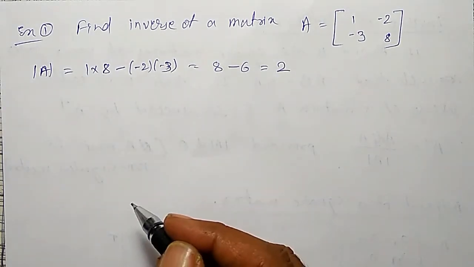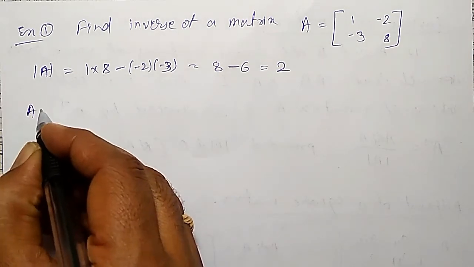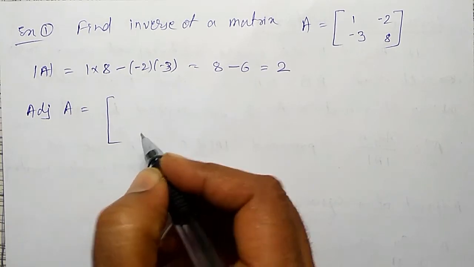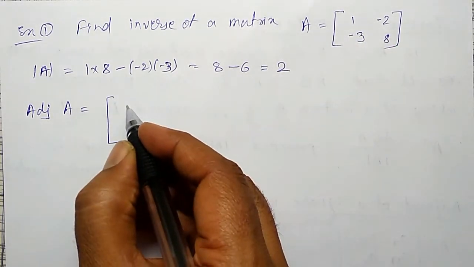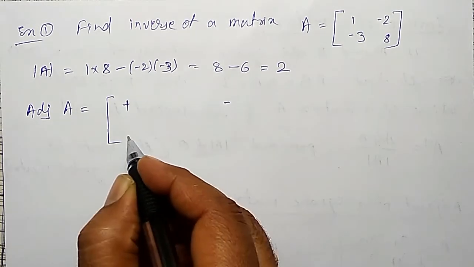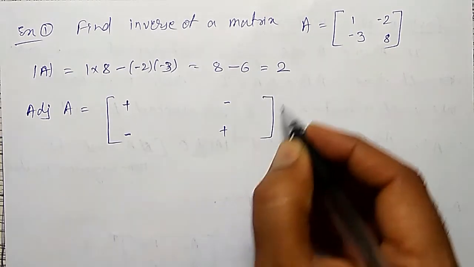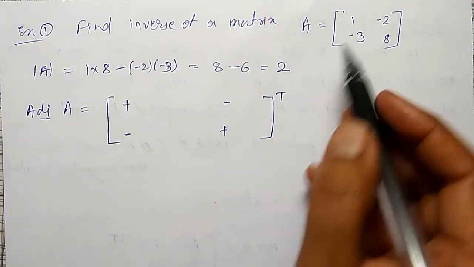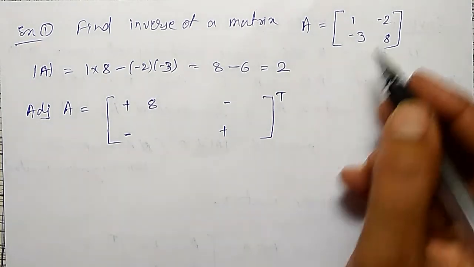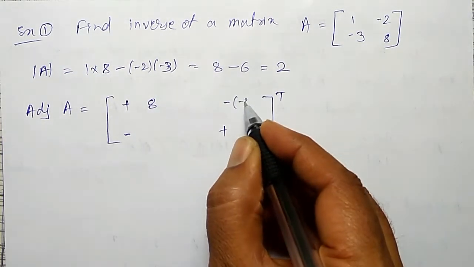Then I have to find the adjoint of the matrix. The adjoint of matrix A is given by the signs plus, minus, minus, plus, and its transpose. The minor of 1, leaving that row and column, is 8. The minor of minus 2, leaving that row and column, is minus 3.